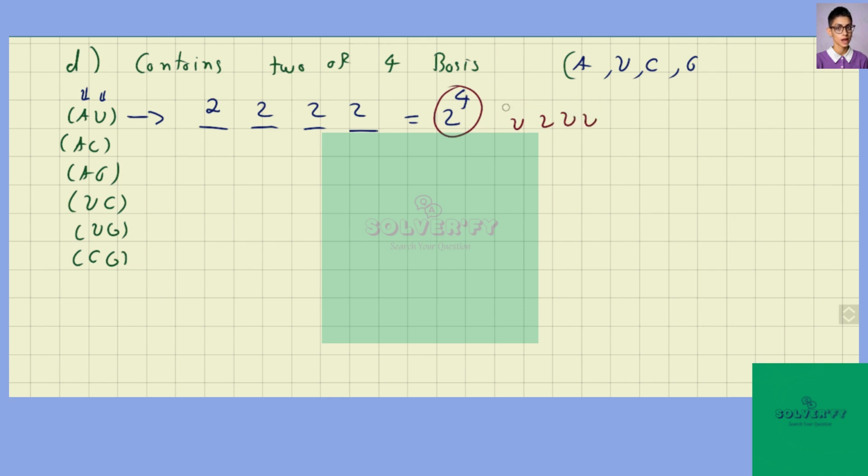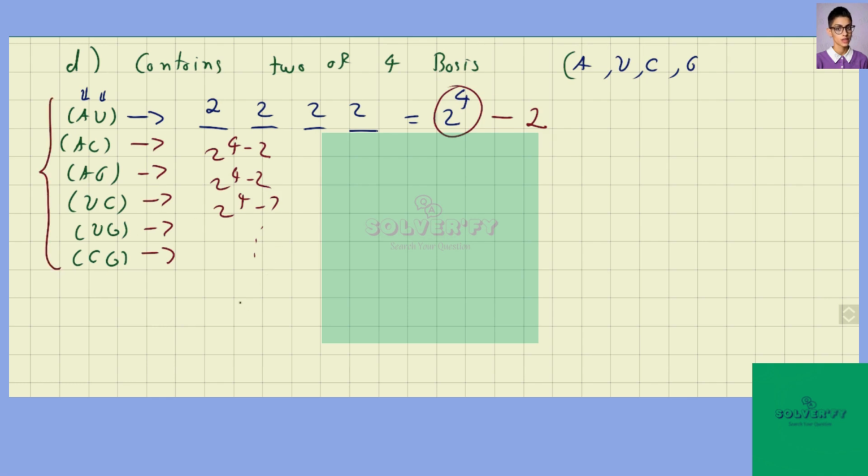So we need to take this value and subtract 2 to avoid counting those sequences that have just one letter. So for each pair we have 2 to the 4th minus 2. We have 6 possible pairs of letters, so we have 6 times (2 to the 4th power minus 2), and this is equal to 84.